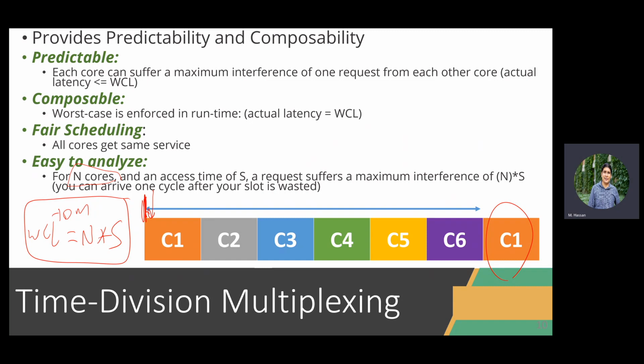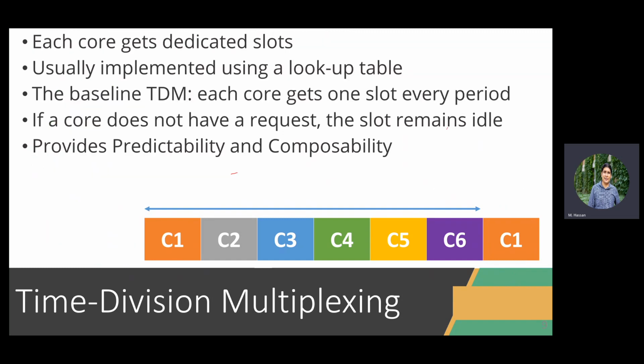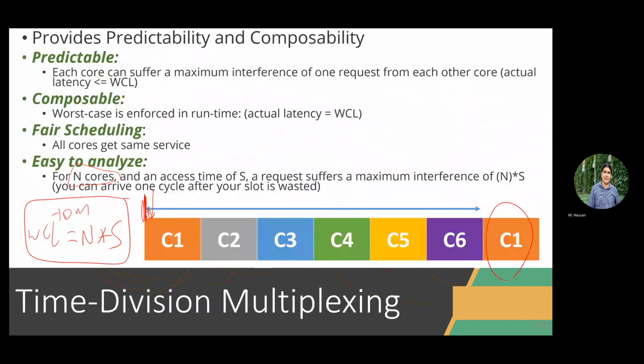This is core one's slot. Does core one have something to serve? At this moment, no, right? Because you only look at the cycle. So you just wait, make it idle. And then my request arrives one cycle after, but I have just wasted my opportunity, right? This is the decision of TDM. What would be the decision of round robin?